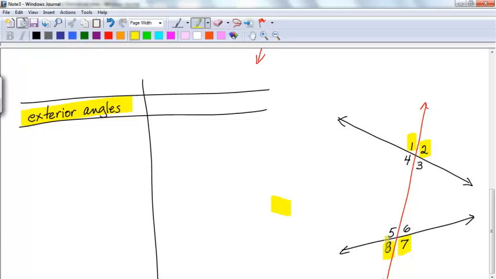If you look at these two lines cut by the transversal, they are on the exterior, on the outside here and the outside here. If you have a highlighter or different colored pens, you might want to use them. They are exterior angles.